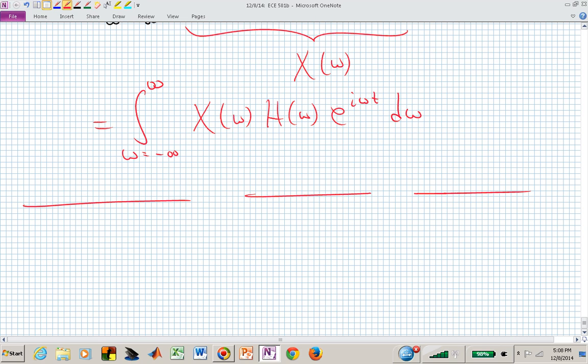Now we can think of it as similar to eigenvalues and eigenvectors.